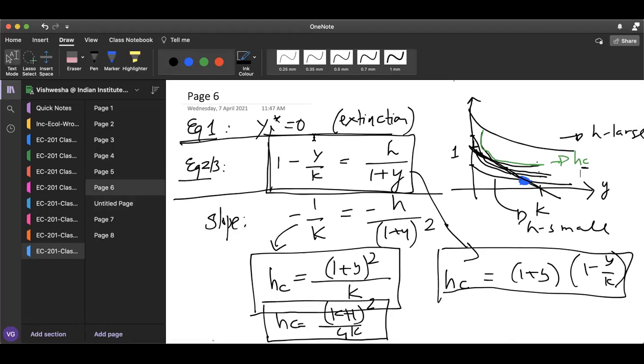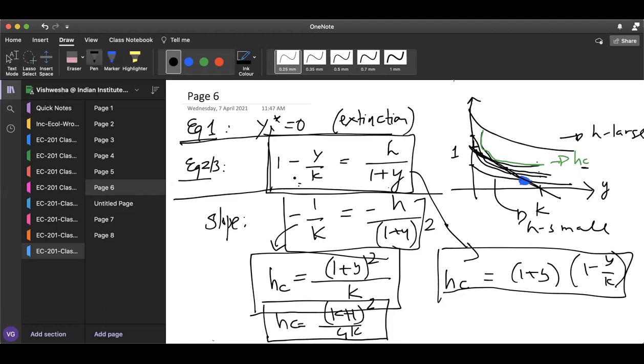At the point of intersection, their slopes are equal. That's what I have done by this equation. So this is the equation that tells you where they meet. When they meet, their slopes must also be equal. So therefore, take the slope on both sides.